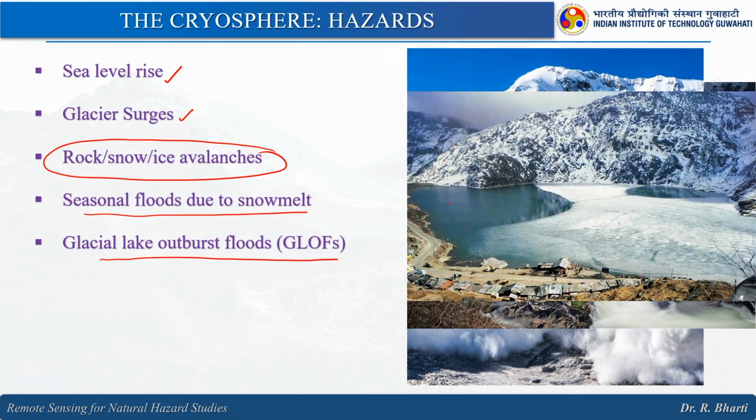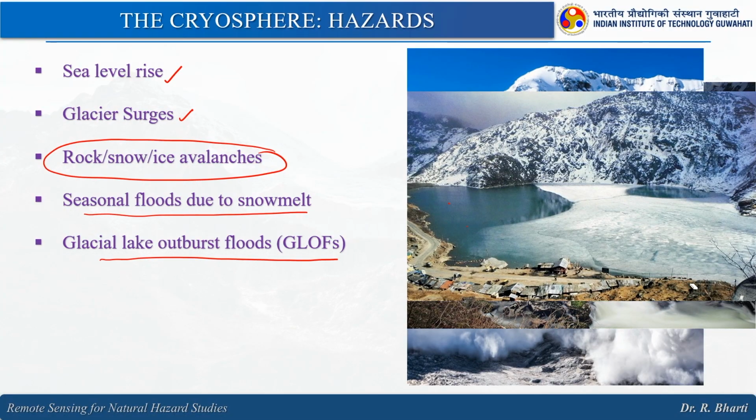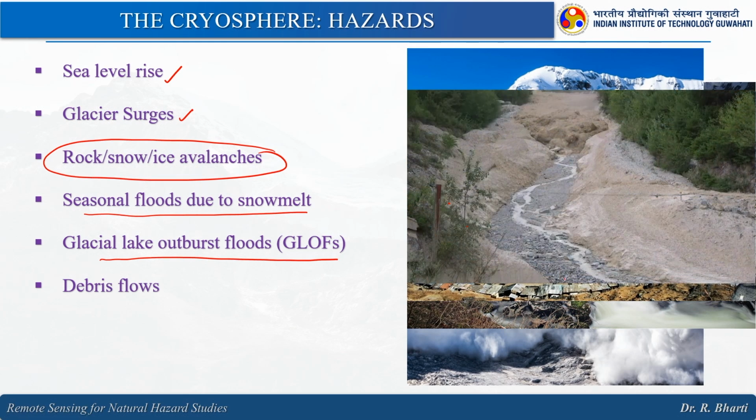Glacial lake outburst flood, which is nowadays very common. The glacial lakes formed at the snout of the glacier get breached because of many parameters, and that again causes a devastating scenario in the downstream. Debris flow is another problem, where the debris coming in the path of the water, everything will be carried, and this will have more momentum and velocity that will cause more disaster.